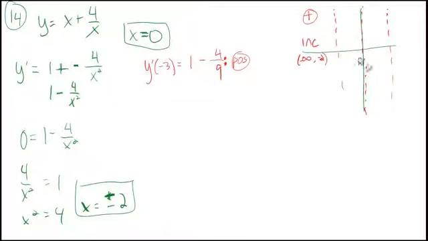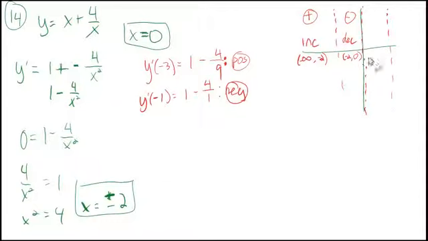Right? Let's test in here between 0 and negative 2. So negative 1 seems like a super good one. 1 minus 4 over 1, because negative 1 squared would be 1. And this is going to be negative 1 minus 4. So it's negative, which means it's decreasing on this interval from negative 2 to 0.